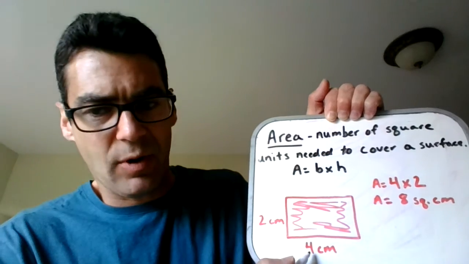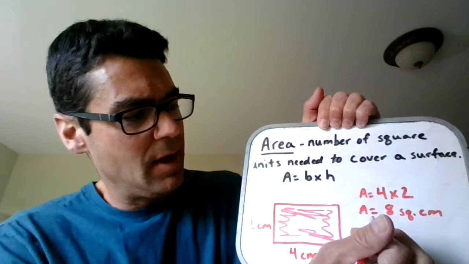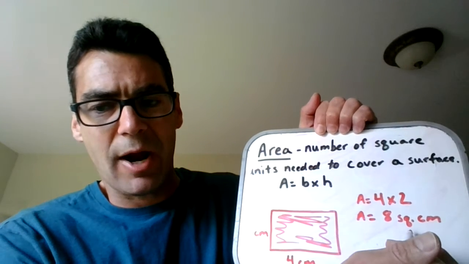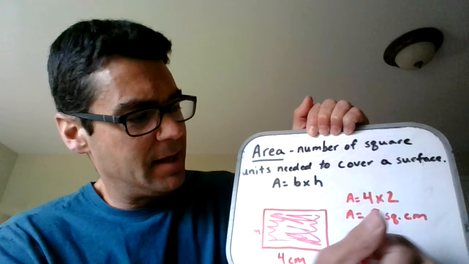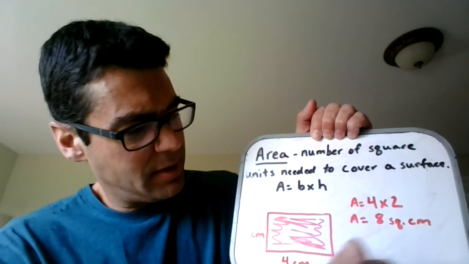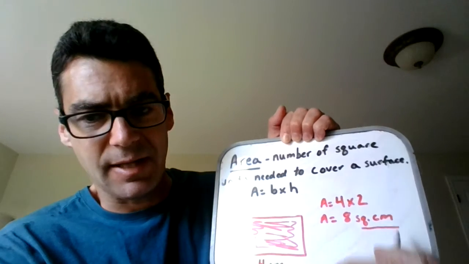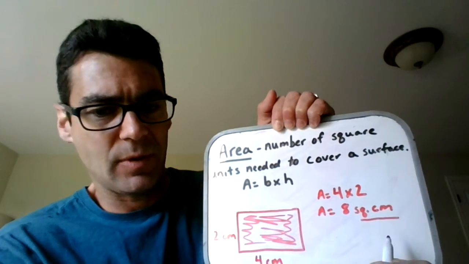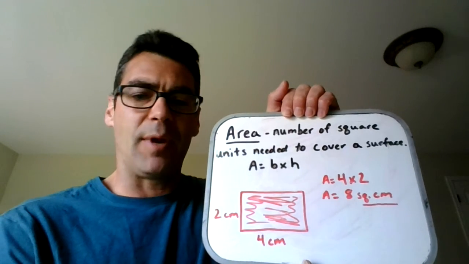You take the 4 and multiply it by the 2. Area equals 4 times 2. The area is 8 square centimeters. And that's another important thing when you're finding the area. It's going to be squared. So our unit is centimeters, and you would write that as square centimeters. Okay, so that is finding the perimeter and area of some basic objects.